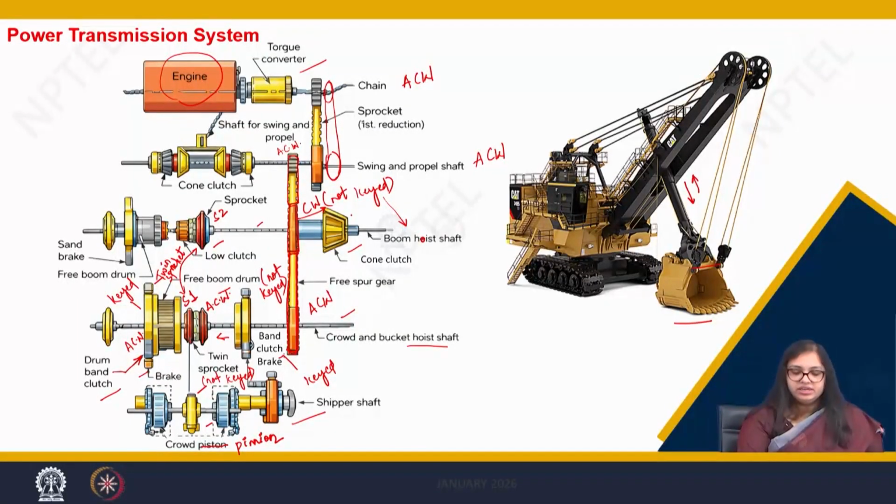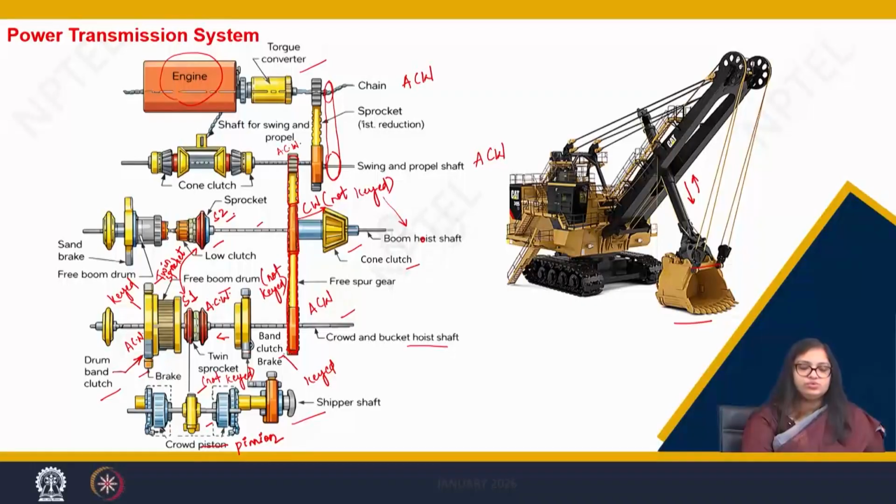So, to make this boom hoist shaft rotate in clockwise direction, this cone clutch is engaged with this gear. Now, this gear also starts rotating in clockwise direction.